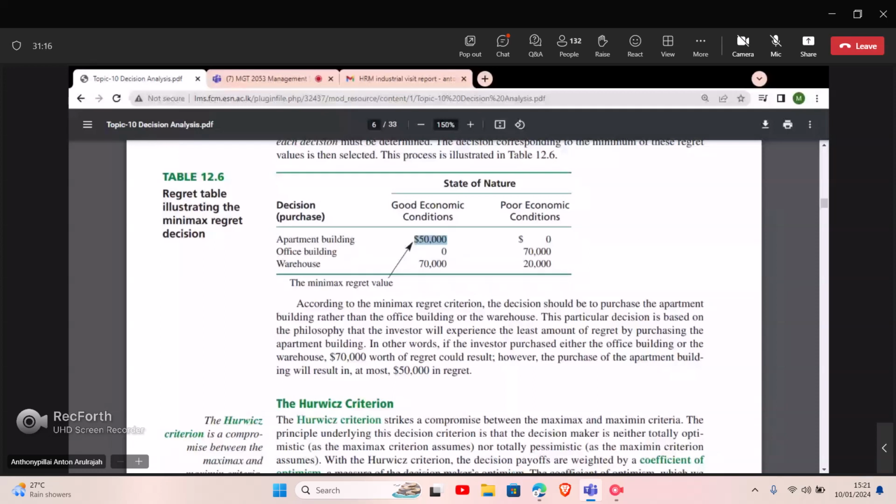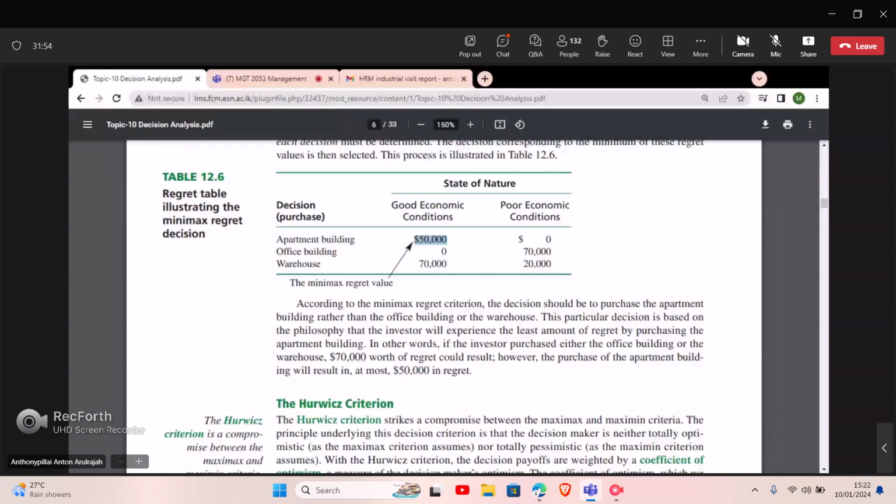And then we have the regret table. Be careful, you have to keep in your mind how to make a decision, because learning everything will confuse you.